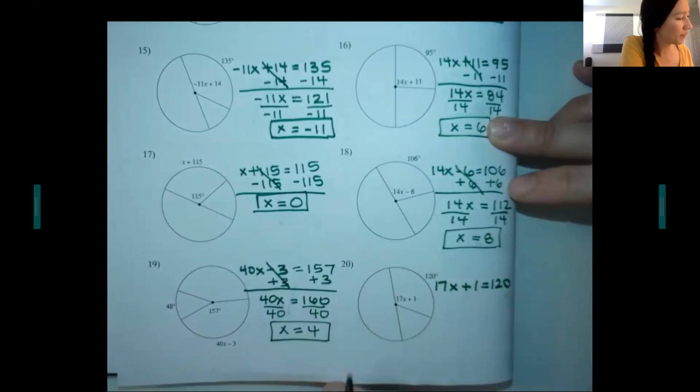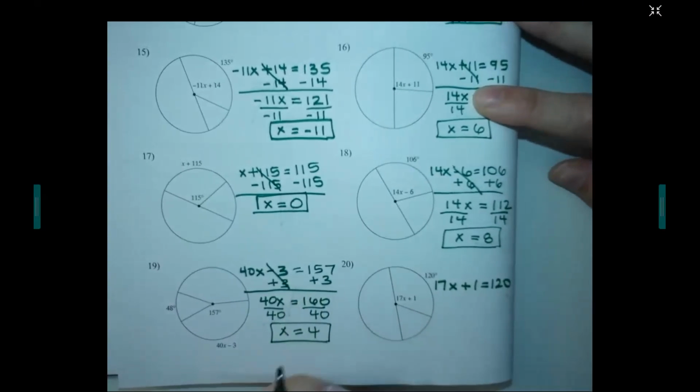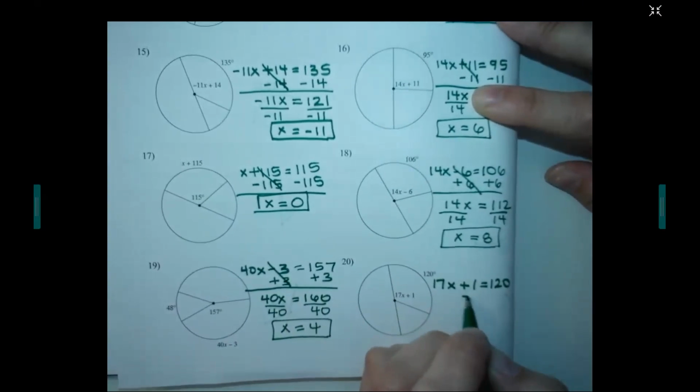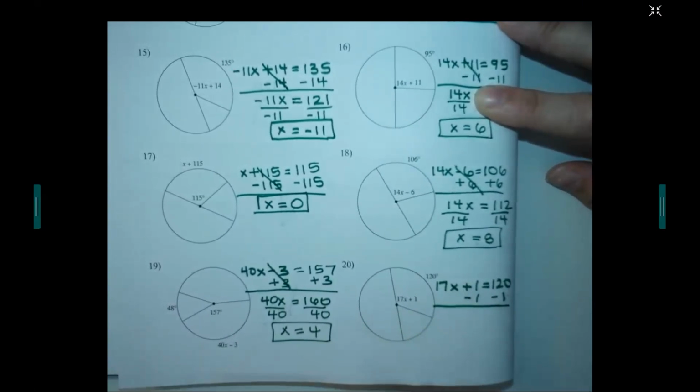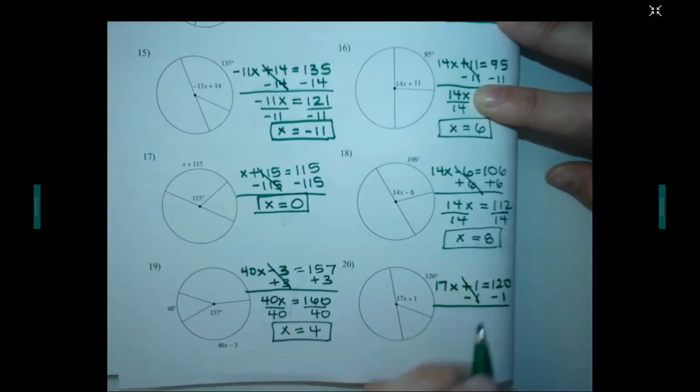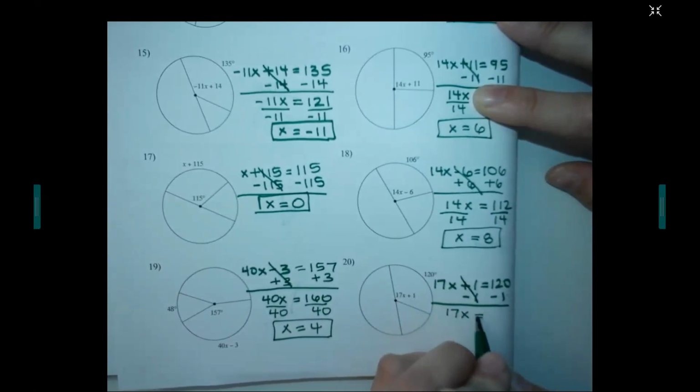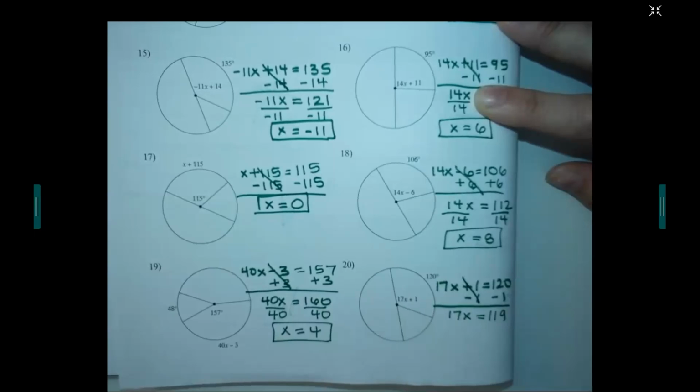And then I subtracted 1 from 120, and then I got 17x equals 119. Very good.